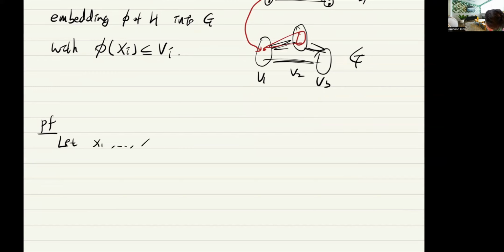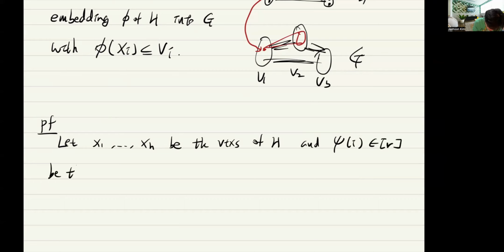Let's say you order the vertices of H as x1 to xh, and let psi(i) be the index such that xi belongs to capital X of psi(i).